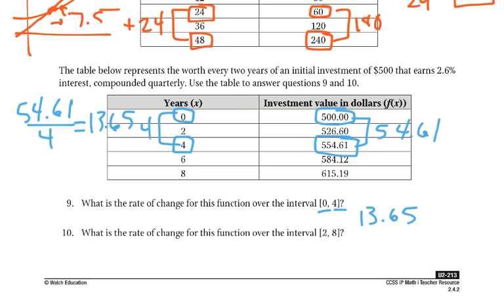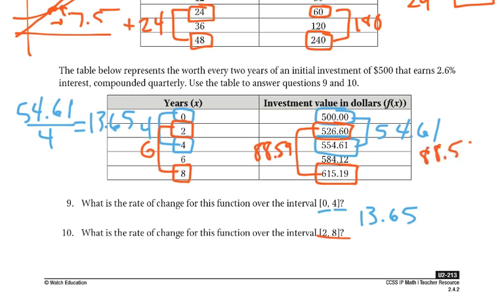Okay, then let's do it for 2 to 8. So 2 to 8, that's got a difference of 6. 526.60 and 615.19 has a difference of 88.59. So I go 88.59 over 6, and I see what that gets me.